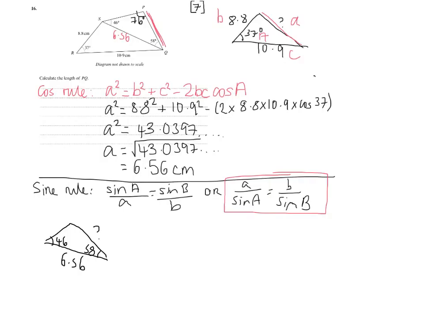I'll call that side a, and its opposite angle is this one, so capital A. This I'll call my side b, and if you remember, we worked out this angle was 76, and that is going to be my angle B. So putting the numbers in, I get a over sine 46 equals small b, which is 6.56, over sine B, which is 76.